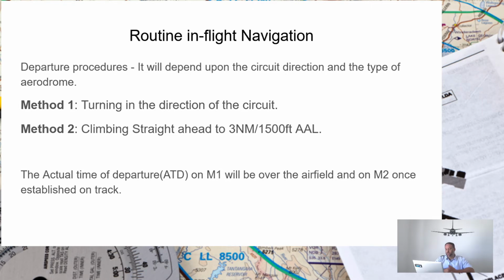Method 2: climbing straight ahead 3 nautical miles, like 1,500 feet above aerodrome level. The actual time of departure, the ATD, on method 1 will be over the airfield when you cross on top of the airfield. And method 2 is also established on your track.